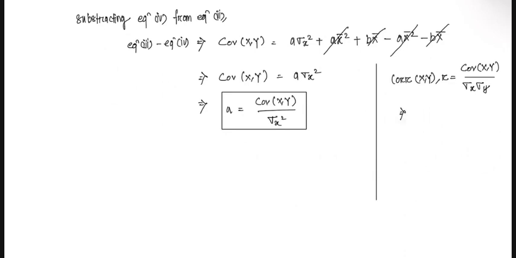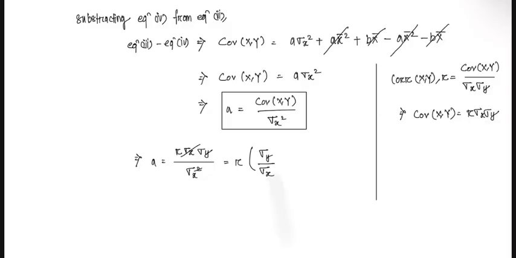So if I take those values, covariance equals r sigma x sigma y, we will be putting it here. A equal to r sigma x sigma y by sigma x square. We are getting r sigma y by sigma x.